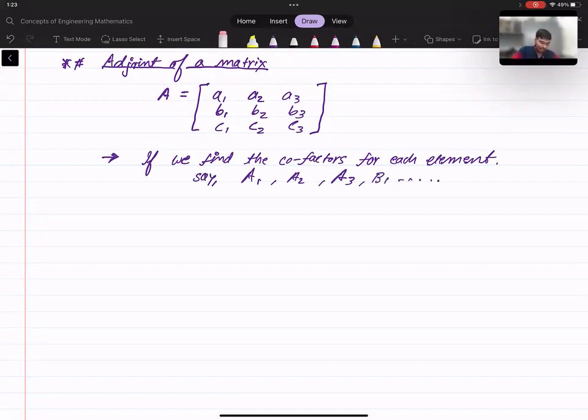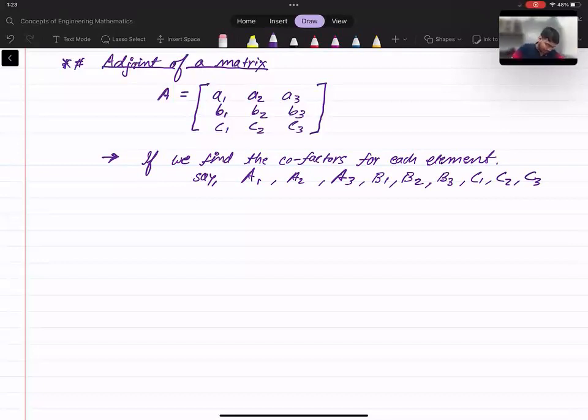Okay. Let me write them all so it will be very clear. So these are the corresponding cofactors of these elements.